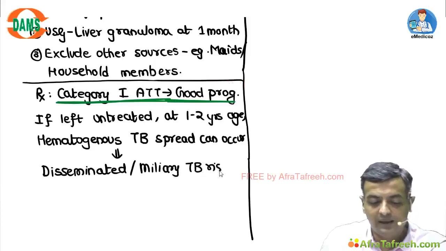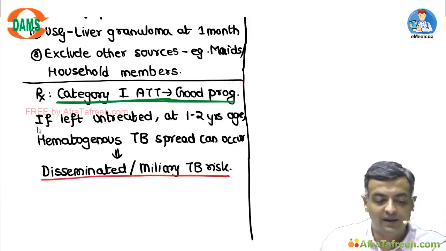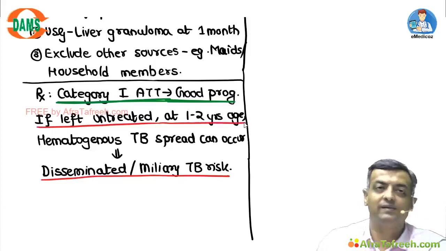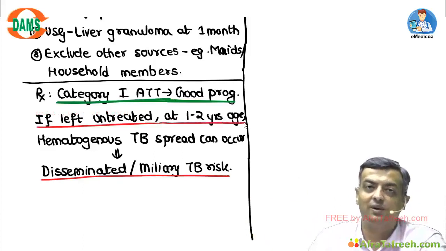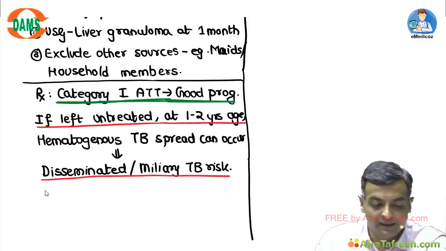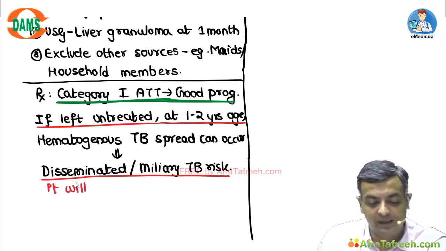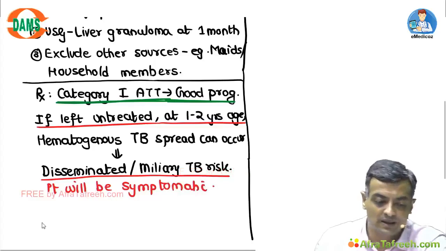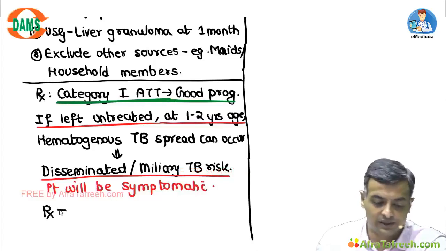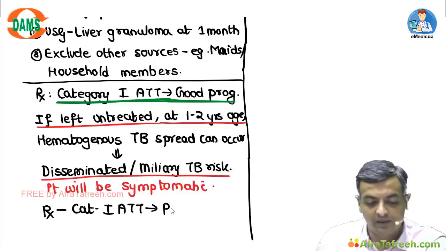So if left untreated when the patient does not have symptoms, it can lead to dissemination of the infection, and here the patient will be symptomatic with anorexia, weight loss, etc. So it is easy to diagnose.